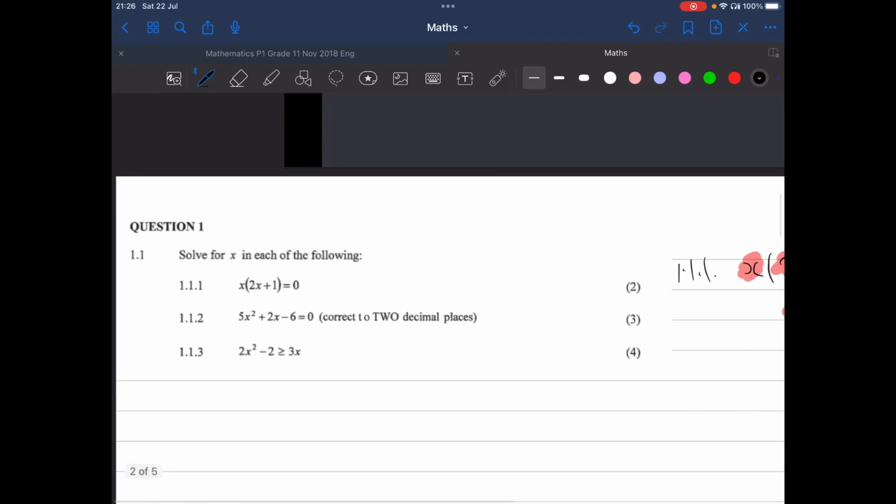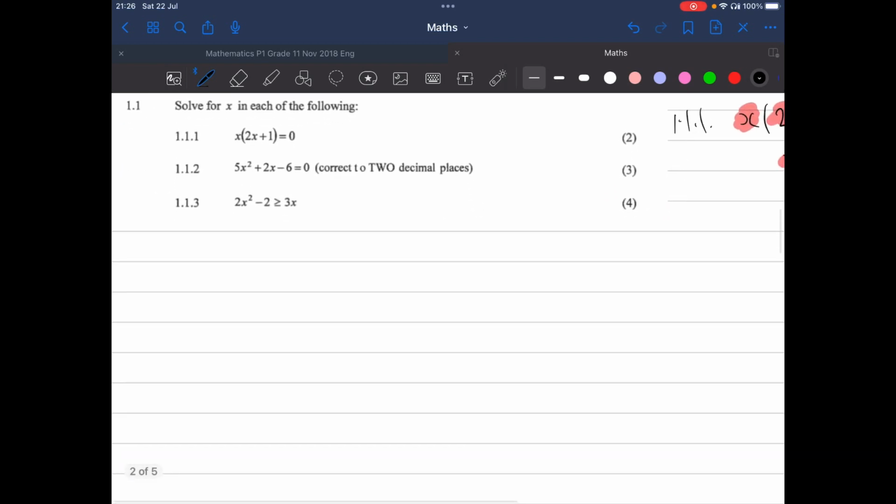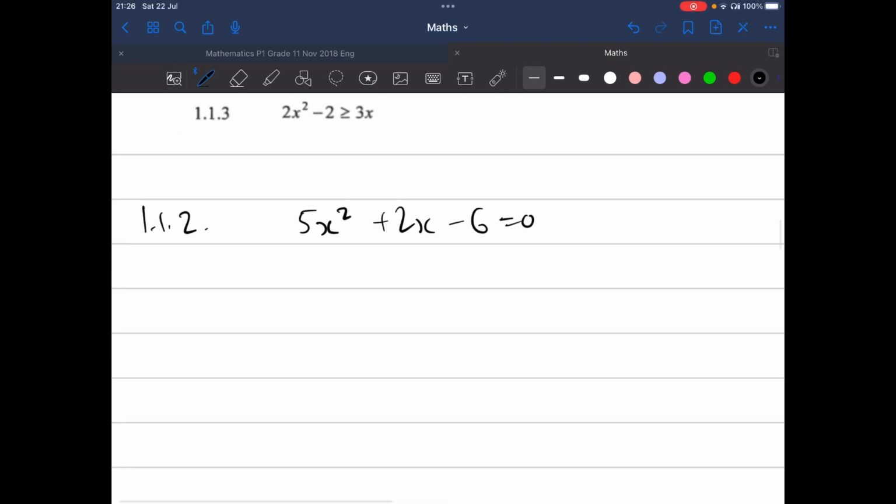Okay, next question, 1.1.2. You can see it's another quadratic equation. And for this one here, it's a trinomial, it's not yet factorized. So the easiest way to solve something like this is to just use the quadratic formula, which is minus b plus or minus the root of b squared minus 4ac all over 2a.